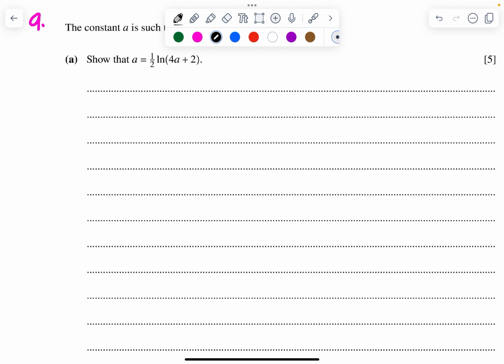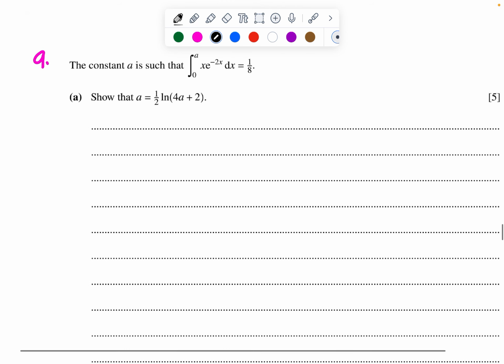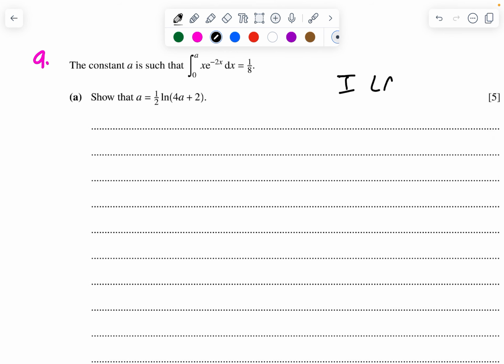Question number 9. The constant a is such that this, and we must show that a equals this. So it is integration by parts. Highlight algebra and exponential.